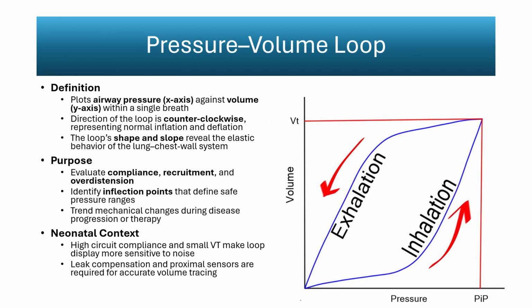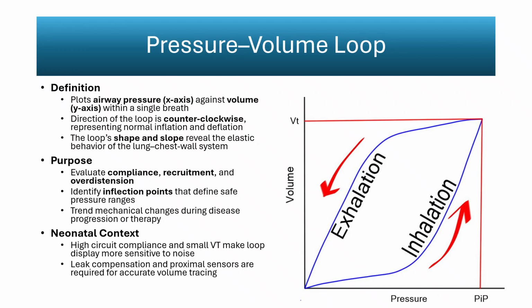The pressure-volume loop plots pressure on the horizontal axis and volume on the vertical axis, showing how the lung expands and recoils throughout a single breath. As pressure increases during inspiration, the loop rises along the inspiratory limb as the lung accepts volume. When inspiration ends and exhalation begins, the loop returns along a separate path down the expiratory limb as elastic recoil releases the stored volume.